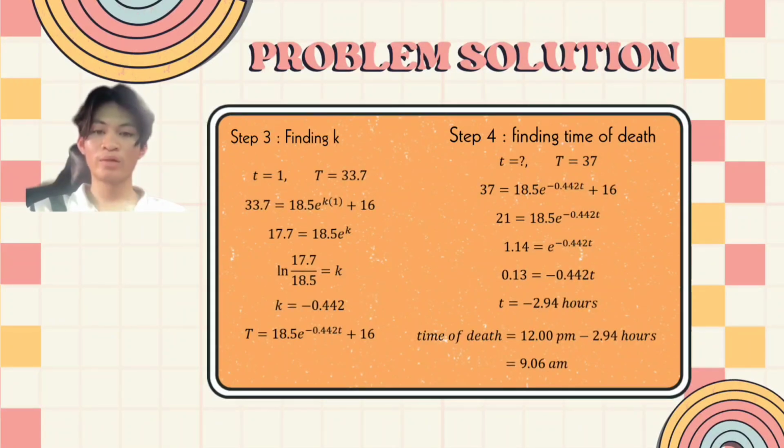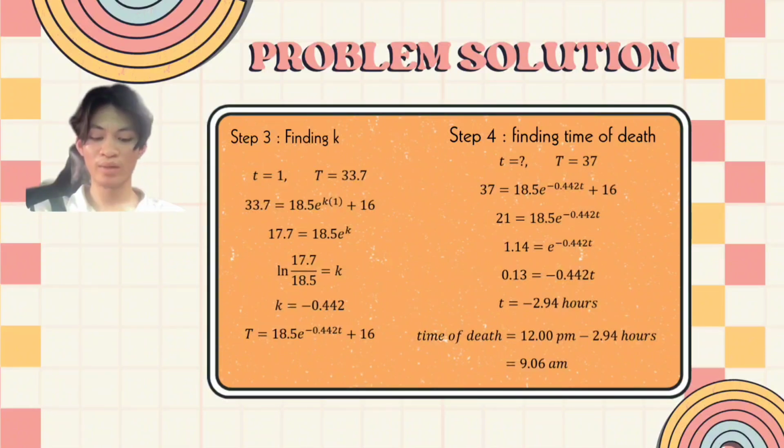Next, now that we have found C, we need to find our constant of proportionality, K. So we use the temperature at the given time, t equals 1, where the temperature is 33.7. Substitute the information into the latest equation, which contains C. Then we get 33.7 equals 18.5e to the power of K times 1 plus 16.